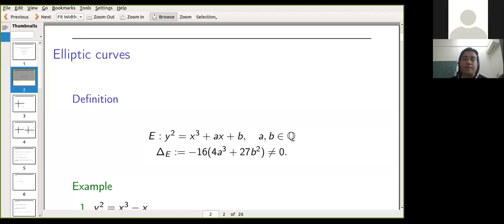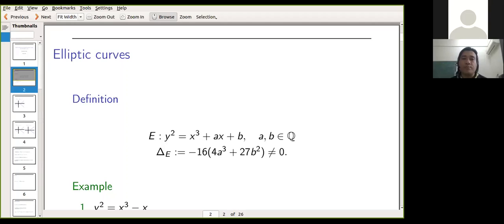They are defined by equations of the kind y squared equals x cubed plus ax plus b, and here I have taken a and b to be rational numbers. But we don't want every curve that arises like this to be called an elliptic curve.